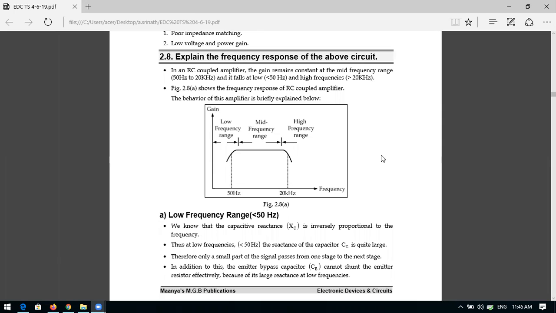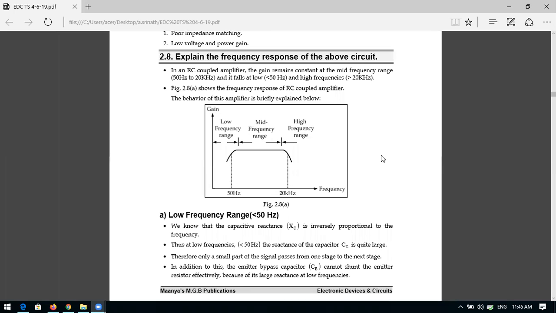What are the reasons the gain will fall in the low frequency range for an RC coupled amplifier? Capacitive reactance is more. So what are the capacitors that will affect the response in the low frequency range? Coupling capacitor, very good, and emitter bypass capacitor, very good.